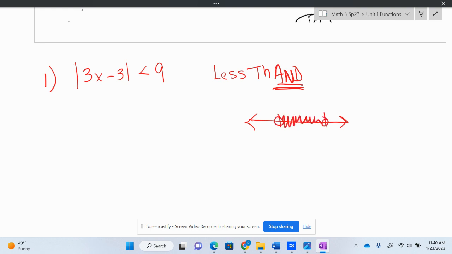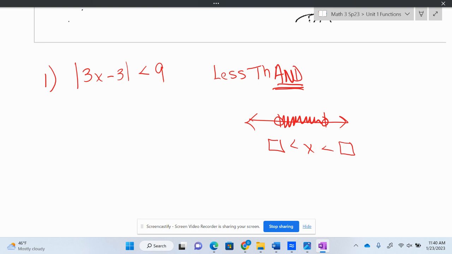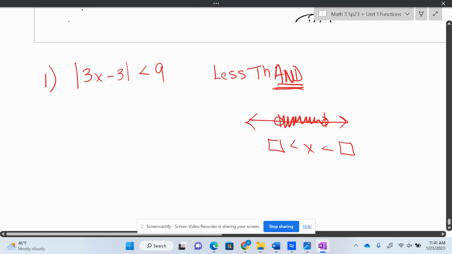I'm going to shade in the middle. It's a less than. And when I get my solution, I'm going to be able to write it as some number is less than x is less than some number. Okay. That's what that means. If it's an and, it goes together. So this is why I gave you that blank piece of paper, just so you can show your work and have plenty of room. Okay.